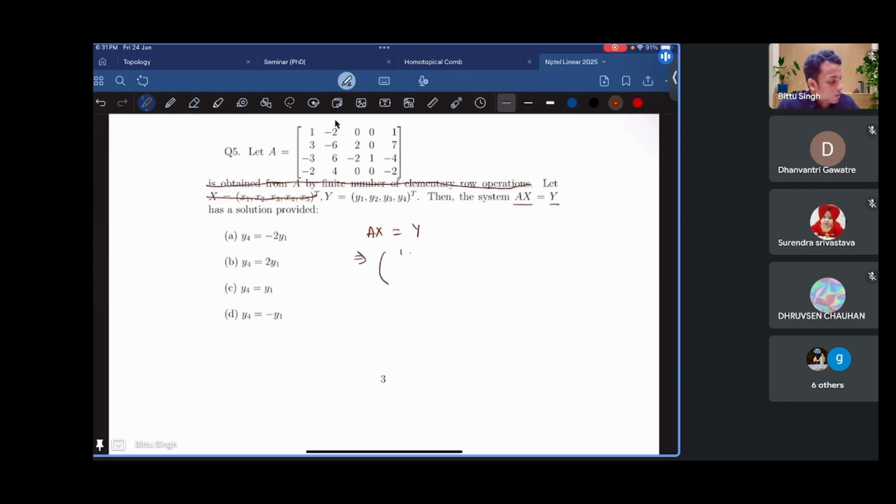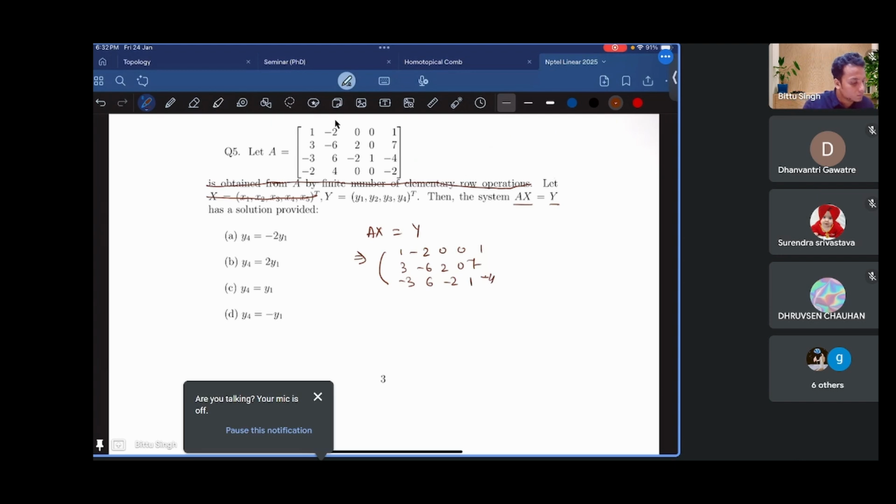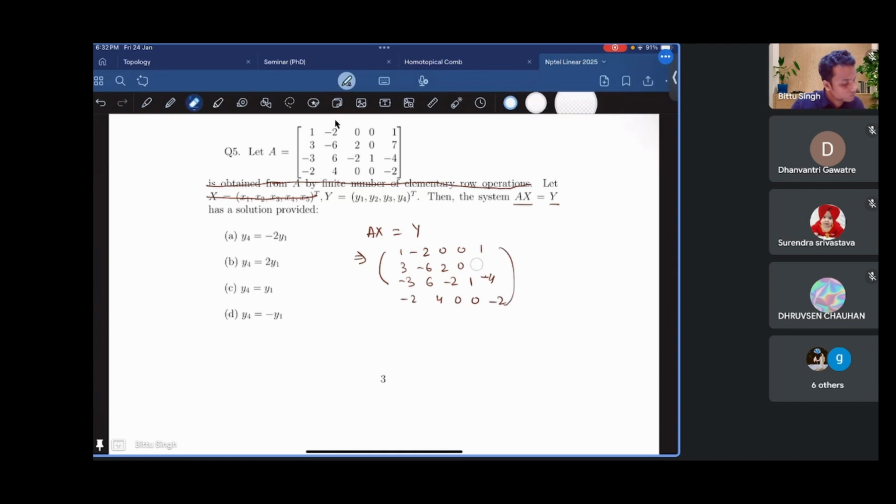A is 1, -2, 0, 0, 1; 3, -6, 2, 0, 7; -3, 6, -2, 1, -4; and the last row is -2, 4, 0, 0, -2. x is x1, x2, x3, x4, and y is y1, y2, y3, y4.